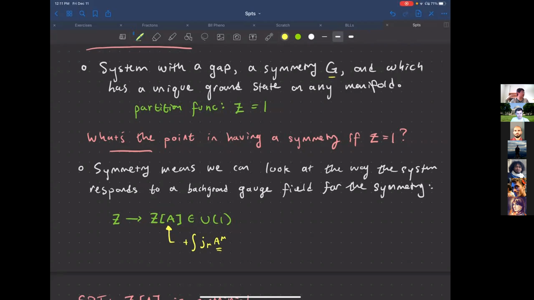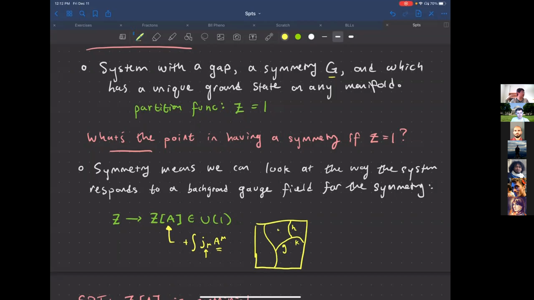In the case where the symmetry is some discrete symmetry, or maybe a space-time symmetry, where this current operator doesn't exist, then what I mean by coupling to a background field is taking a system like this and putting in some defects into the system, where the defects are labeled by group elements, something like this, and where these defects are essentially charge operators.